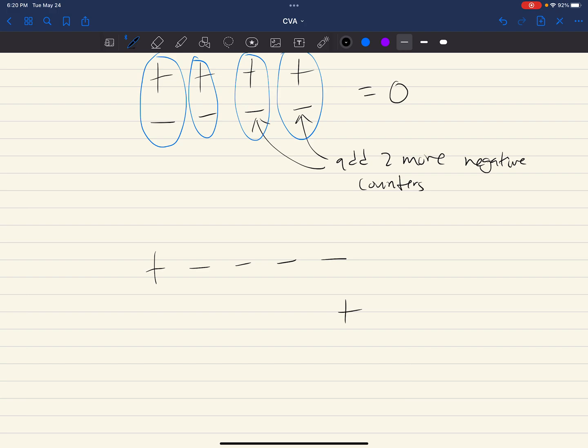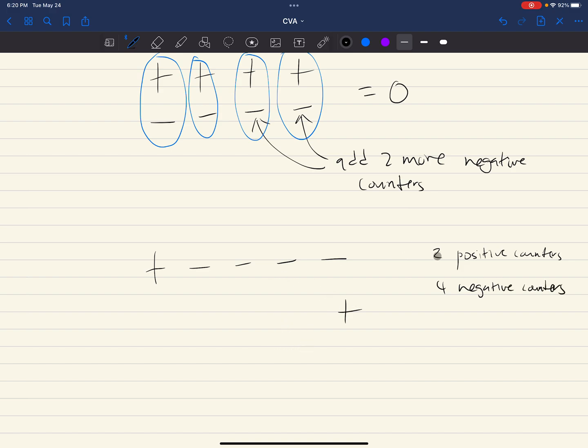I'm assuming that you guys paused the video and tried it out. So if you take a look, currently I see that there are two positive counters here, and there are 4 negative counters.